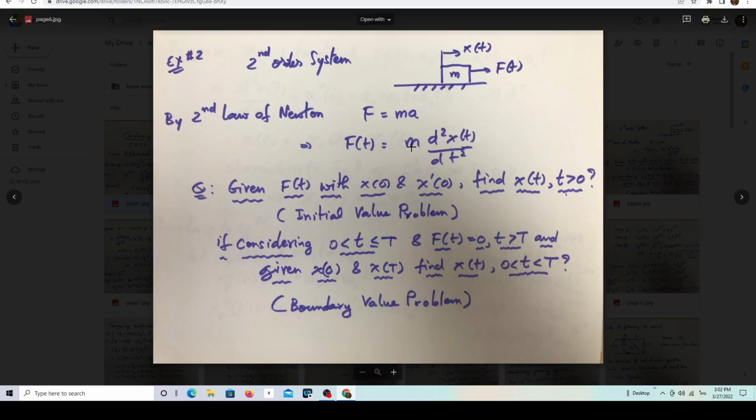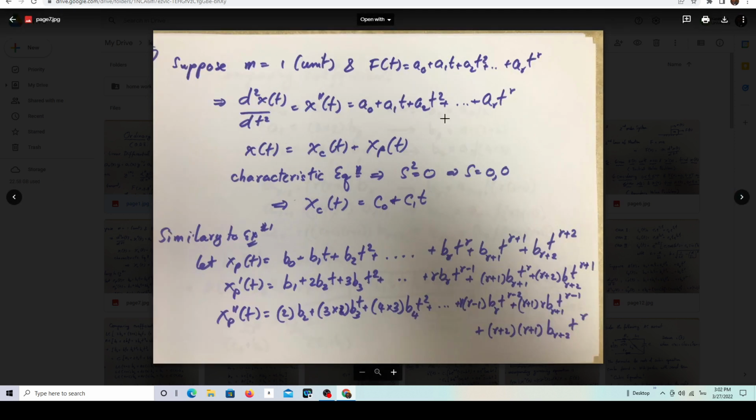Trying to balance this equation, you need to find up to the second order. If f(t) is equal to this, the equation is going to look like this.